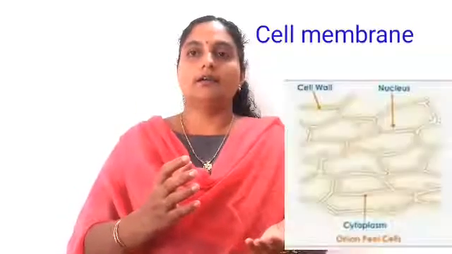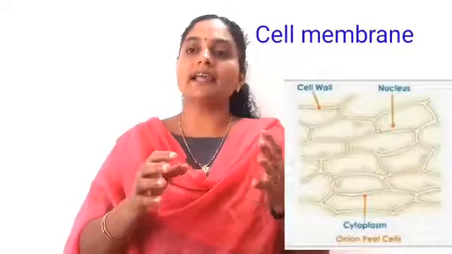Then coming to the cell wall. The cell membrane gives shape to the cell, and in addition to the cell membrane, there is an outer thick layer known as the cell wall.